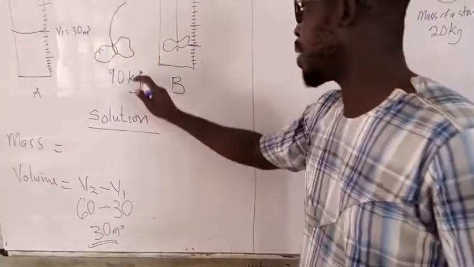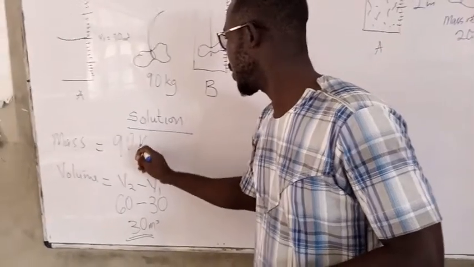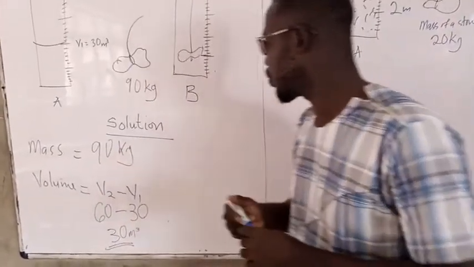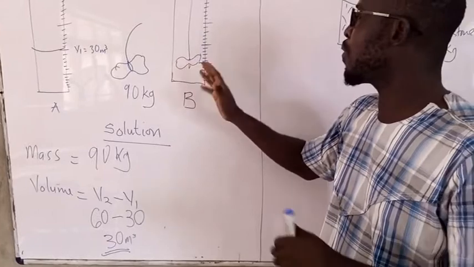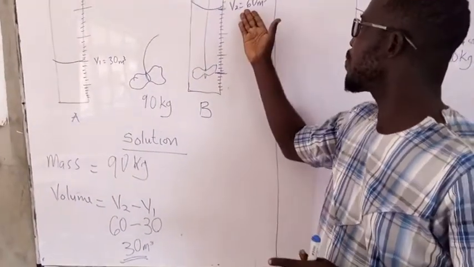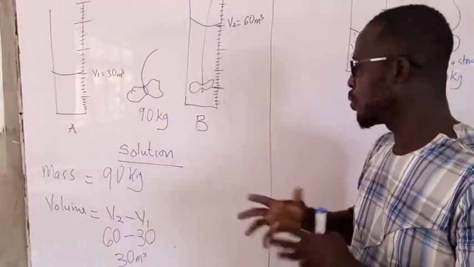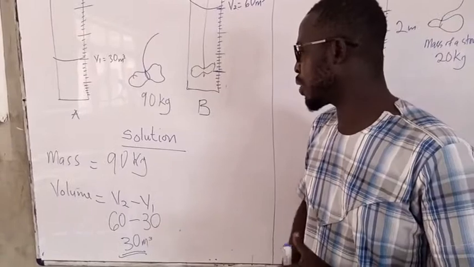Right. And then my mass, I weighed it, so I had 90 kilograms. So in order for me to know the volume of the stone, the final volume and then the initial volume, you do your small subtraction.